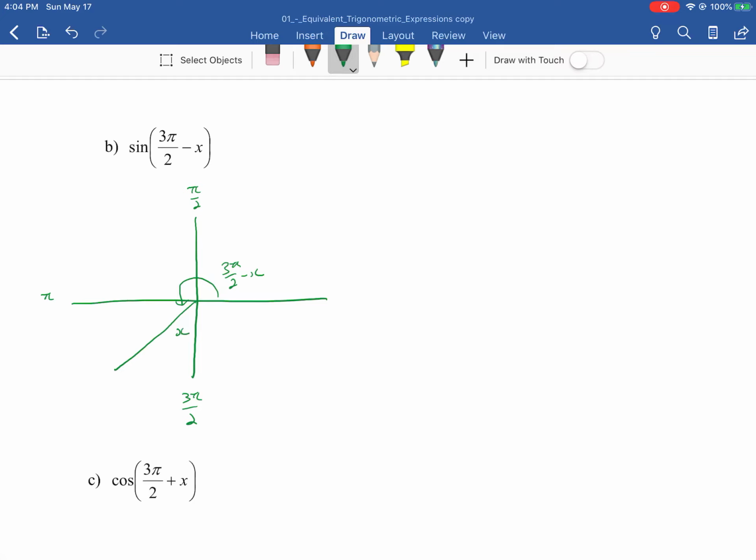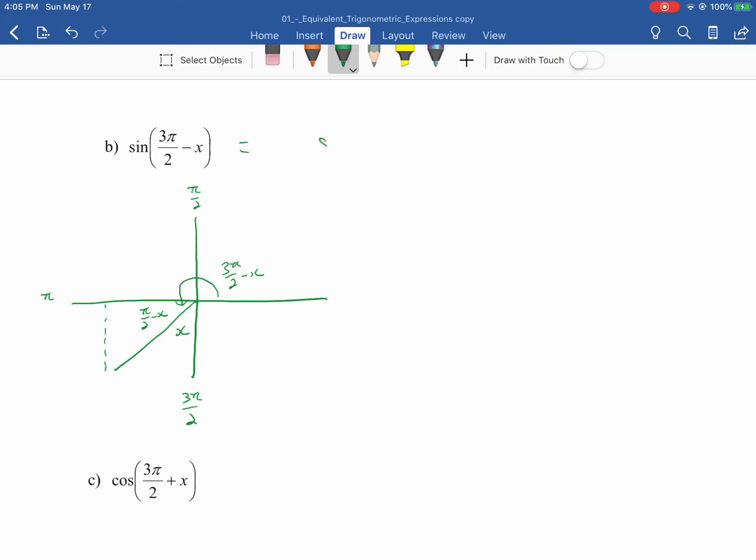There's 3 pi over 2 minus x, resulting in this angle x right in there. Unfortunately, not with the x-axis. It's not the related acute angle. But if the x is with the y-axis, then the related acute angle will be 90 minus that angle, or in this case, pi over 2 minus that angle, and so then I can nicely convert.